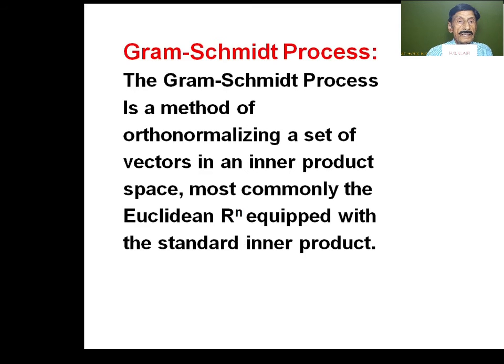Gram-Schmidt process. The Gram-Schmidt process is a method of orthonormalizing a set of vectors in an inner product space, most commonly the Euclidean Rn equipped with the standard inner product.